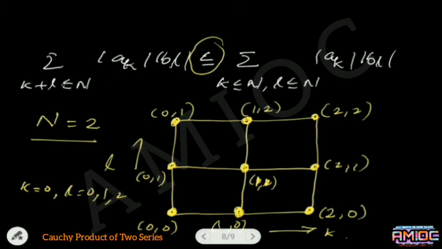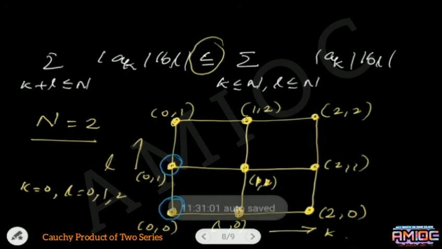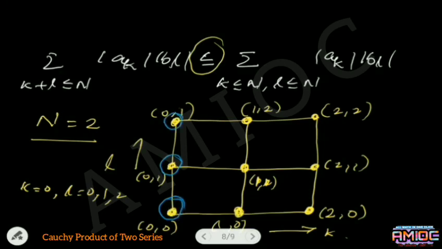Therefore, what are the possible terms? K equal to 0, L equal to 0, that means this term. Now, k equal to 0, L equal to 1 represents this term and k equal to 0, L equal to 2 represents this term.